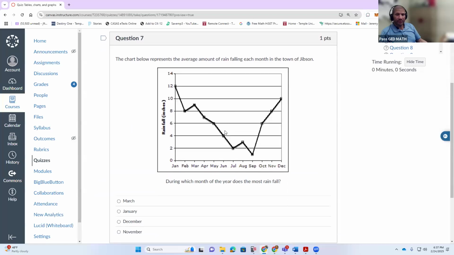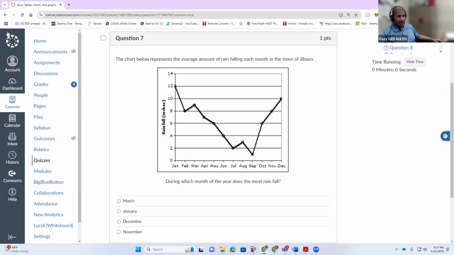Let's try this one. The chart below represents the average amount of rainfall each month in the town of Gibson. During which month of the year does the most rain fall? March, January, December, November. January.